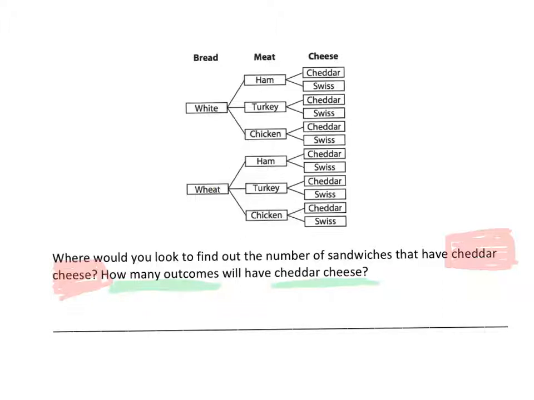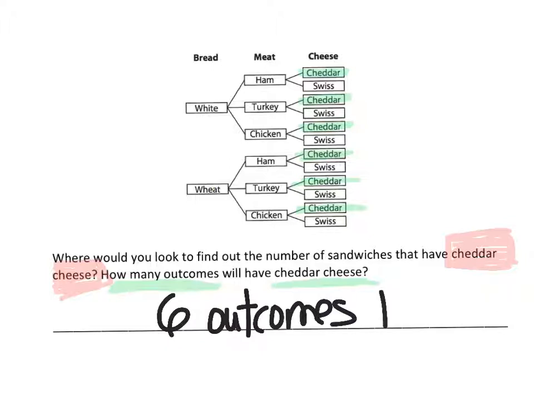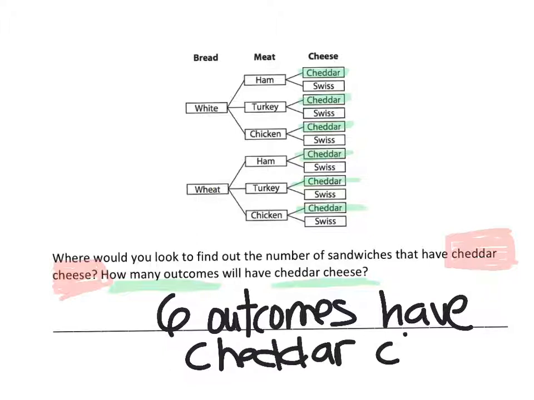So for me, I'm going to color them 1, 2, 3, 4, 5, 6. And that's what I would put as my final answer, that 6 outcomes have cheddar cheese.